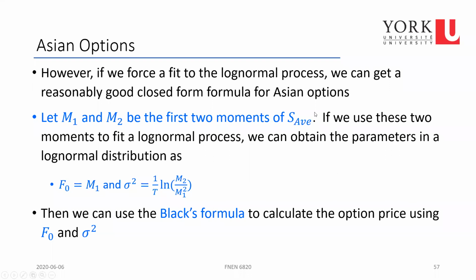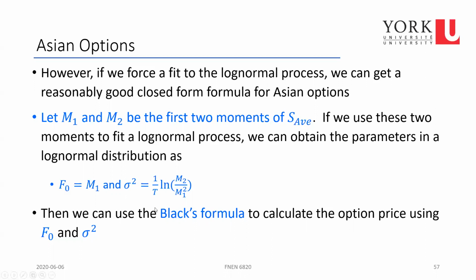Now, if you have the first two moments of the average, then you can use Black's formula to price. To use Black's formula, you need a forward price and a variance term, which is sigma square here.